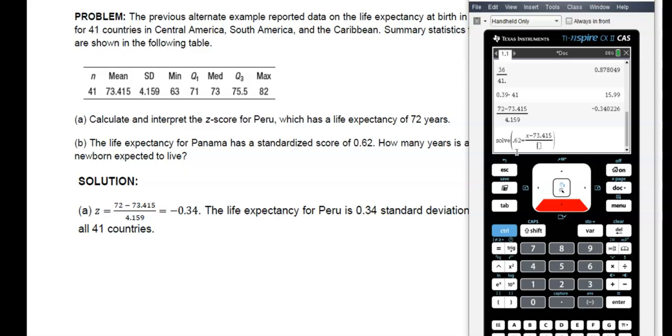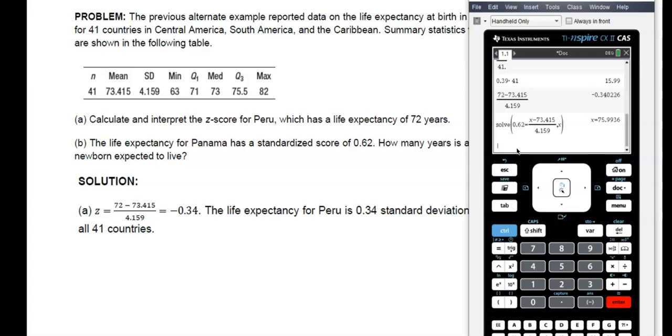Sometimes it's just easier to do this. Over 4.159, comma x.